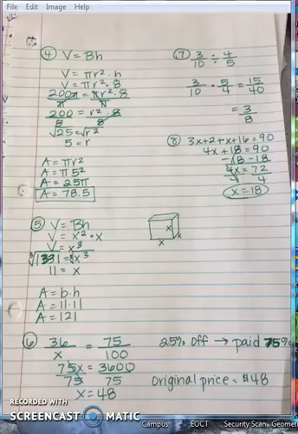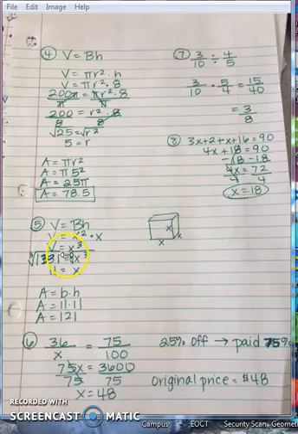Okay, for number 5, it says a cube has a volume of 1,331 centimeters cubed. What is the area of one face? Okay, so I'm going to use my formula. V equals BH. My big B would be x squared, and then my height would be x, because remember, all of the dimensions of a cube are the same.